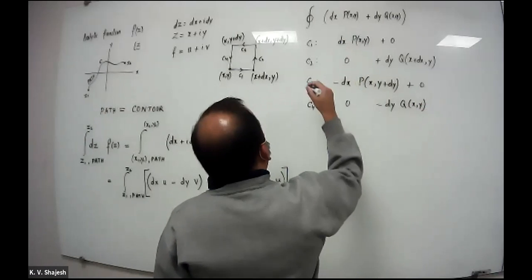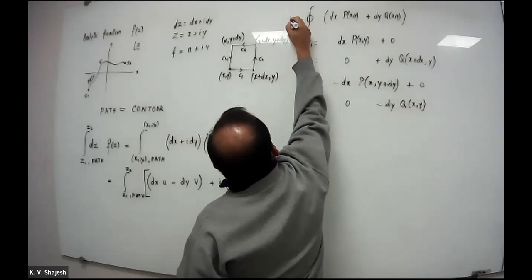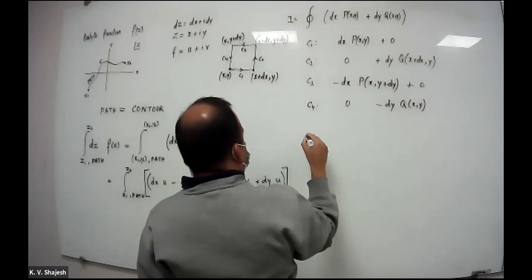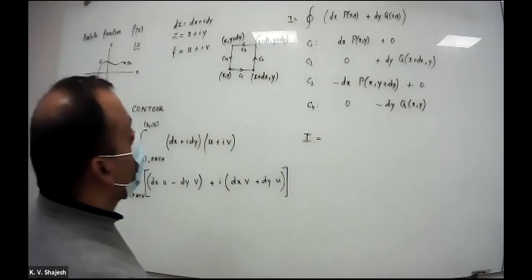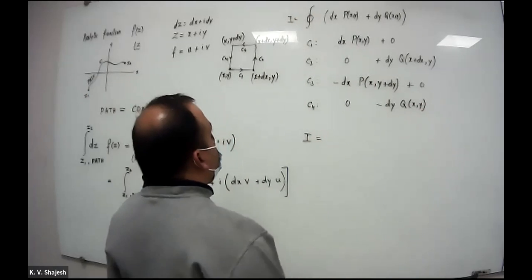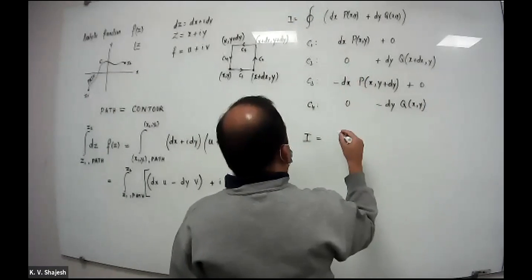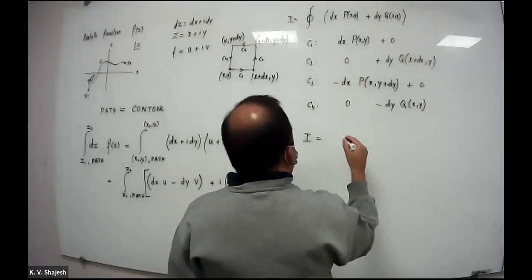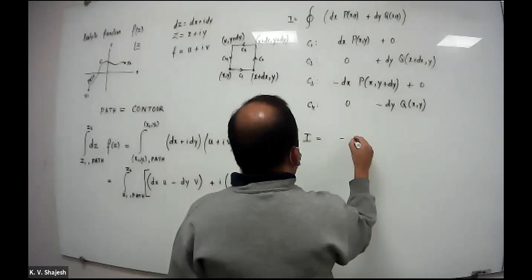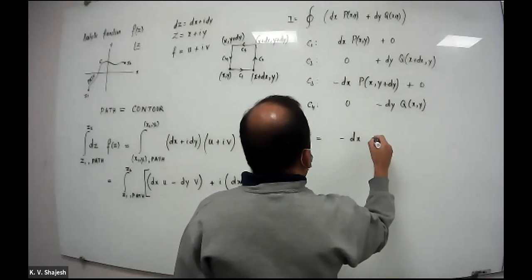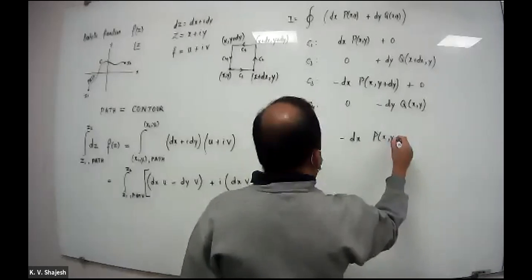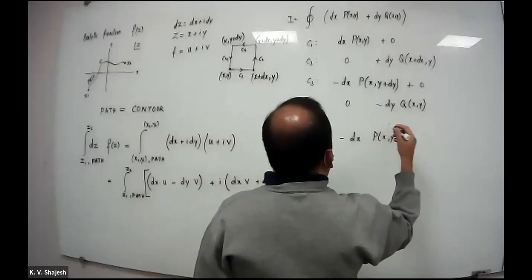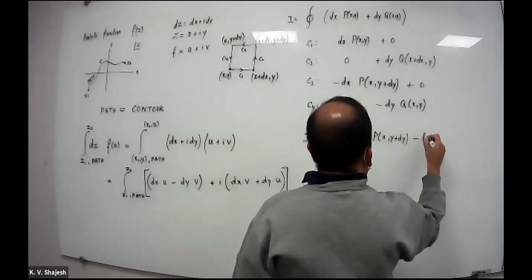My integral, so let me call this I, my loop integral, closed loop integral, is dx, minus dx actually. So this is minus dx times p of x comma y plus dy minus p of xy.